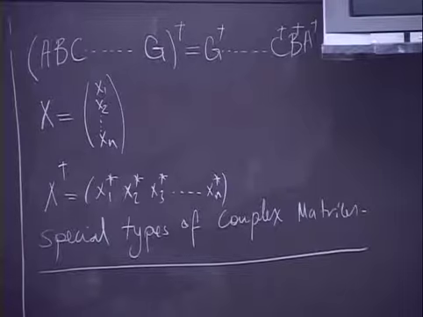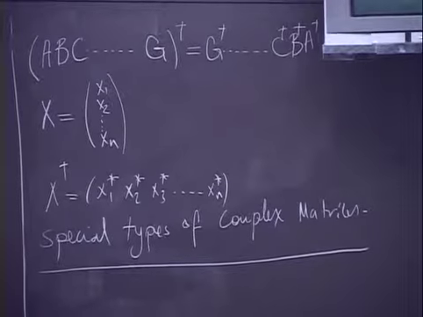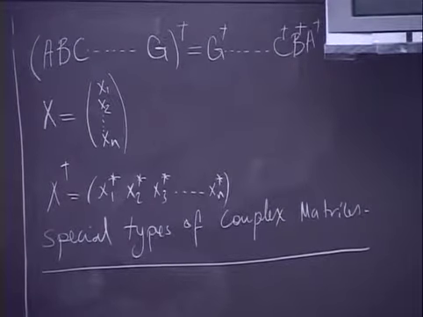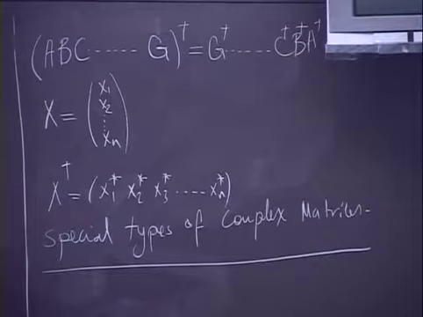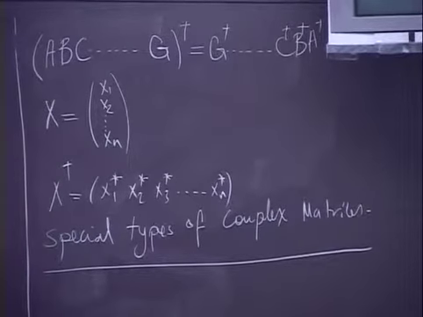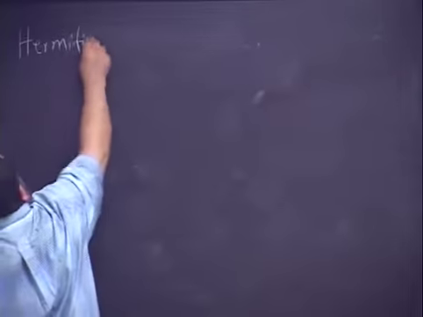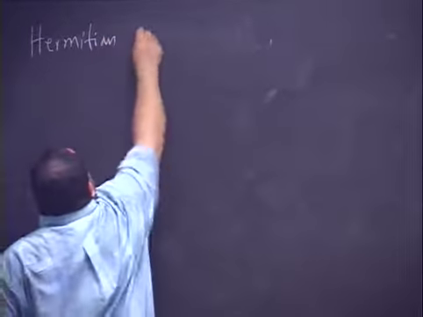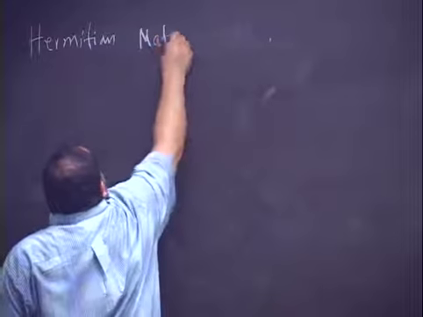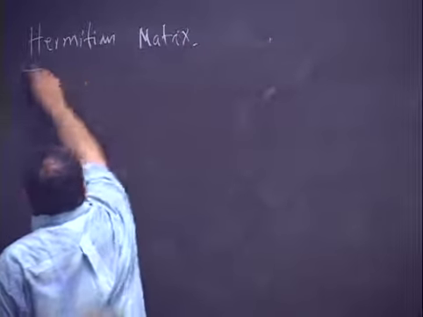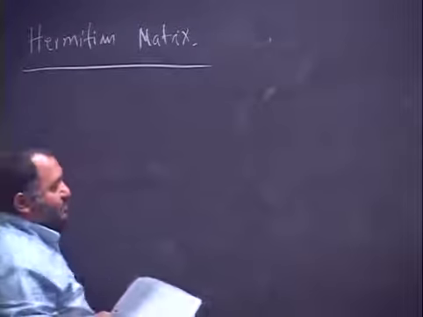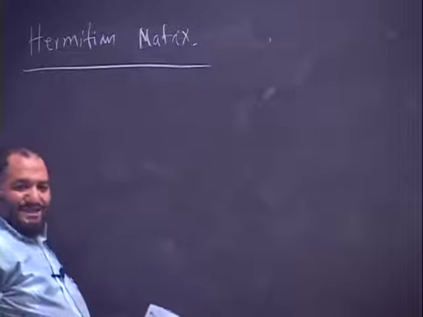One of those types of matrices is called the Hermitian matrix.